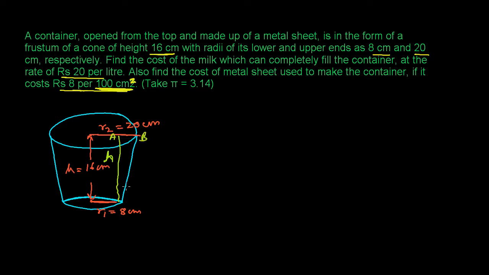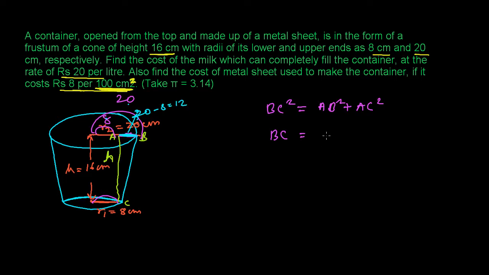Let's say it is A, it is B, it is C, and I need to find the slanted height, which is actually BC. From the Pythagorean theorem, the hypotenuse BC square is equal to the base square plus the perpendicular square, that is AB square plus AC square. We don't know AB yet, but we can find it easily, because this complete length is 20 and this part is 8, so this length is 20 minus 8, that is 12.